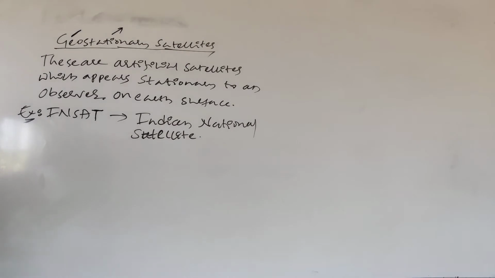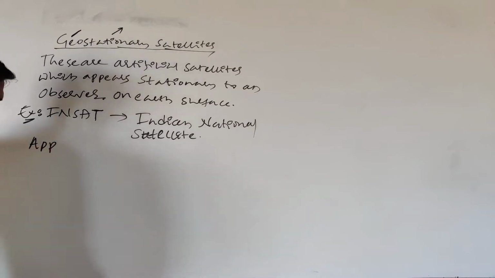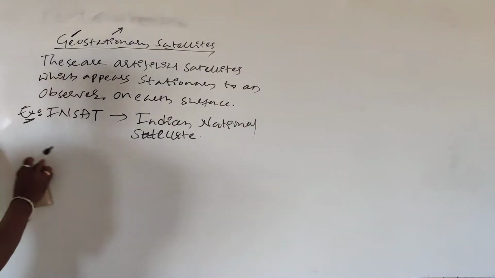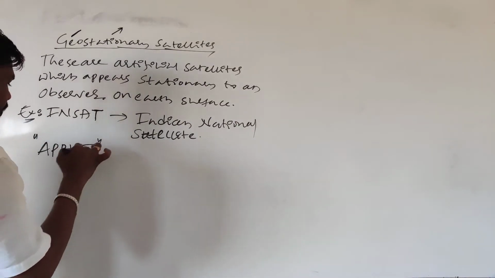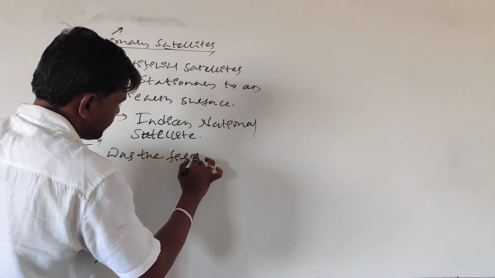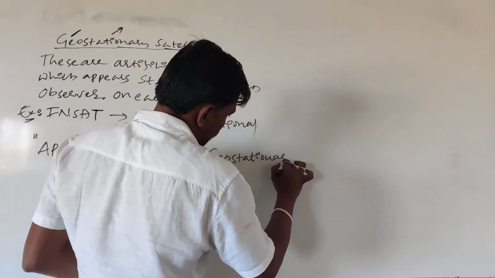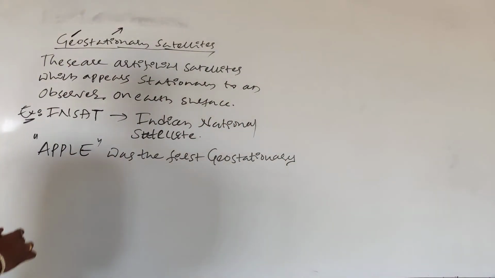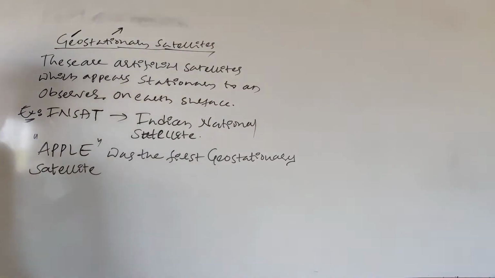Another one is Apple, which was the first geostationary satellite.